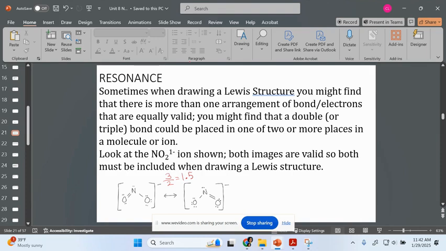So something that is double bonded is going to be stronger than something that is single bonded. It also tells you something about bond length. A double bond is shorter than a single bond because it's kind of like two things holding it together, so it pulls it together tighter. So a higher bond order means a shorter bond.